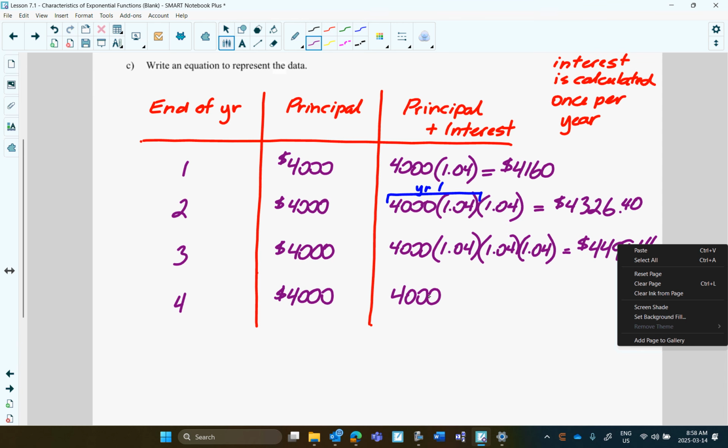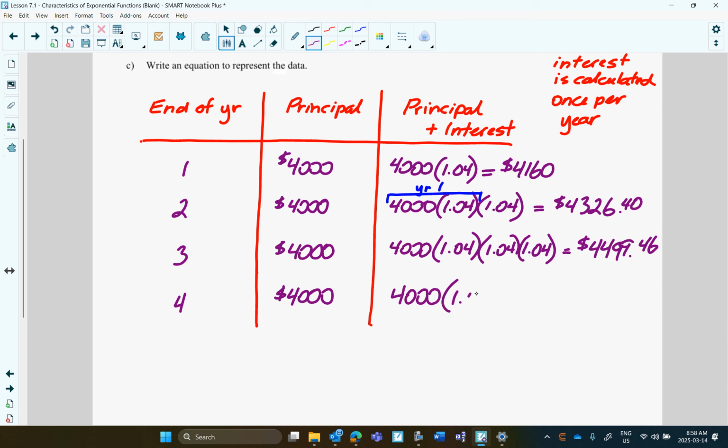To the power of 4. That's a little easier, especially if we're going to start calculating. If we leave it for like 10 years, I don't want to keep writing this out all the time. I want to save myself a little bit of time. So that's going to get you $4,679.43.